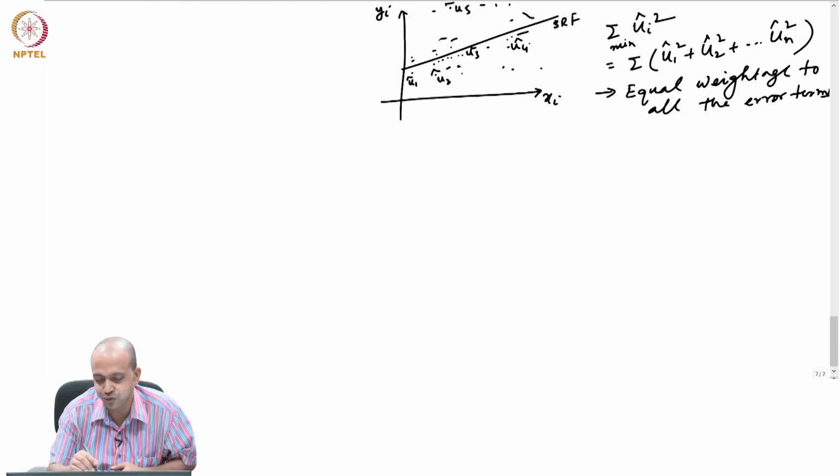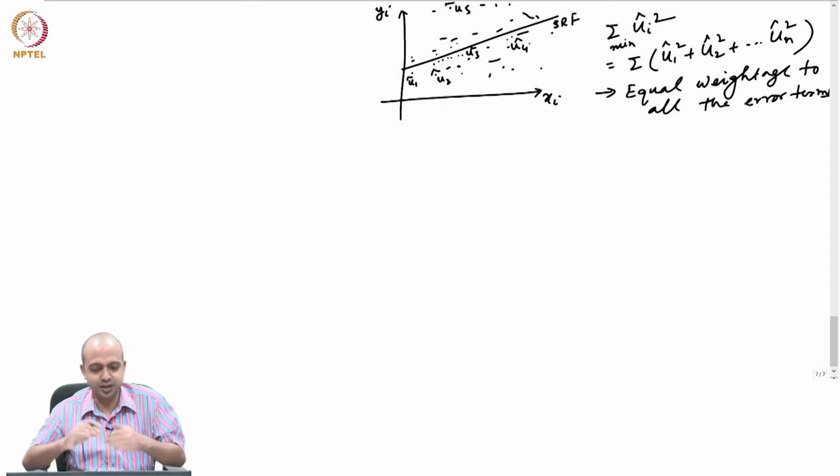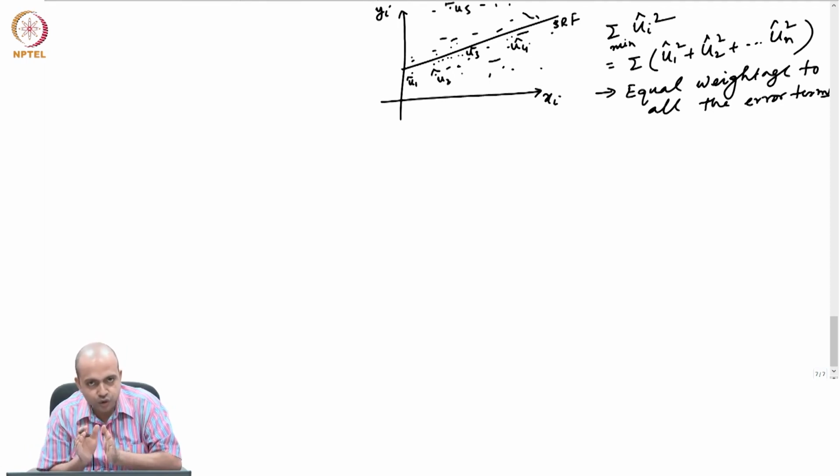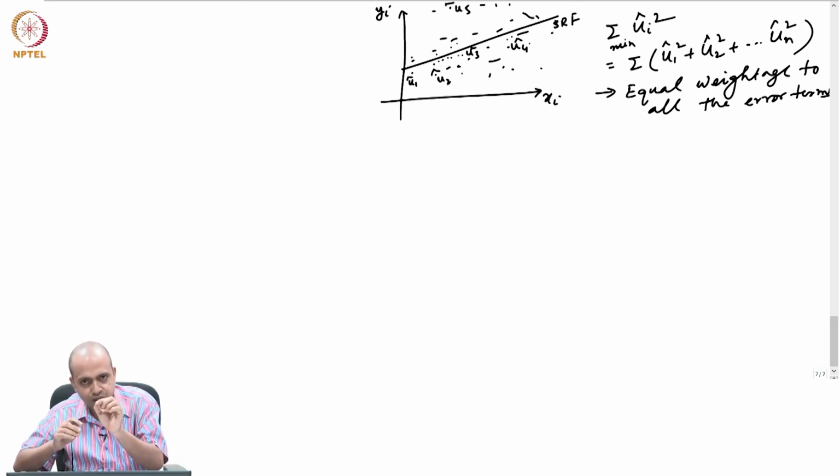If you plot your xy, you will get a scatter plot like this, and the line SRF is the average representation of it. In that scatter plot, the points closer to the line should receive more importance. That is why the smaller the error, the more the weightage should be, and the higher the error, the less the weightage should be.